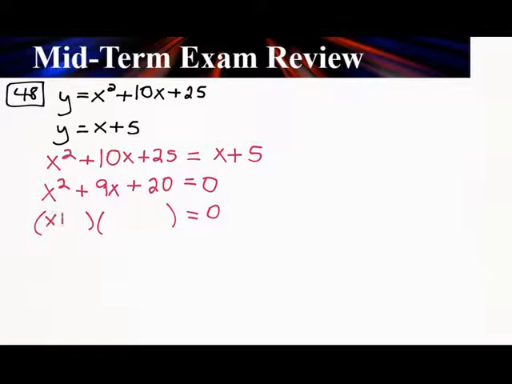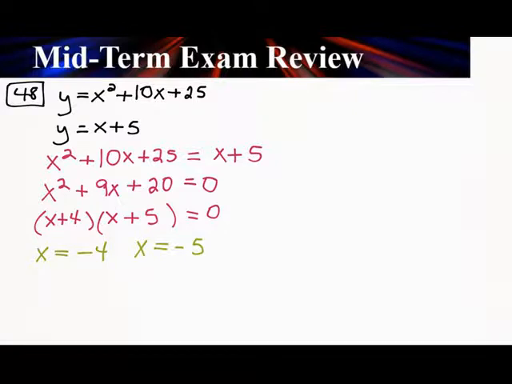So that's going to be x plus 4 and x plus 5. Those two will make 9, and 4 times 5 is 20. So now let's solve. Okay, I will have x equals -4, and x equals -5, looking at both of those factors.